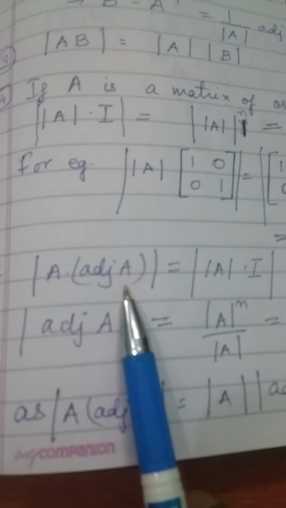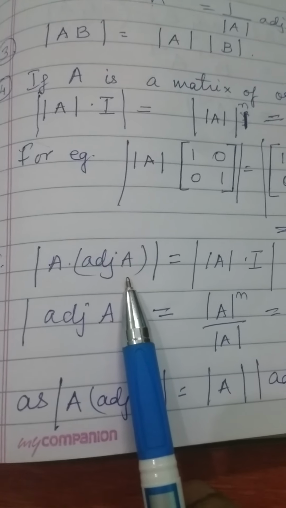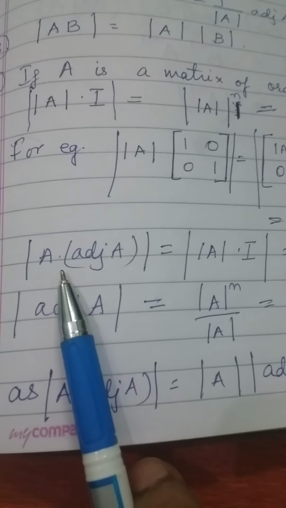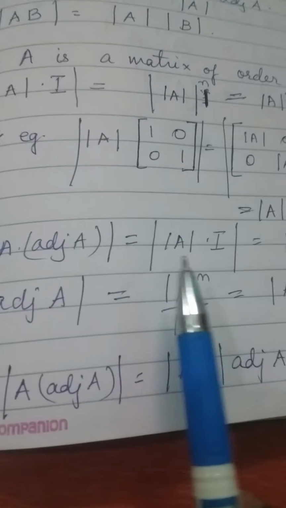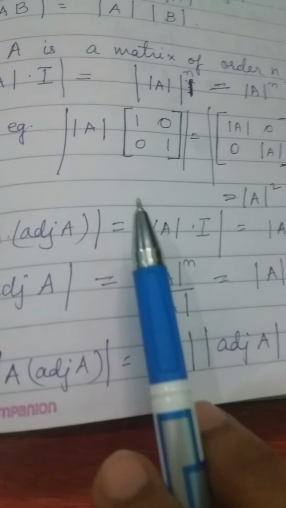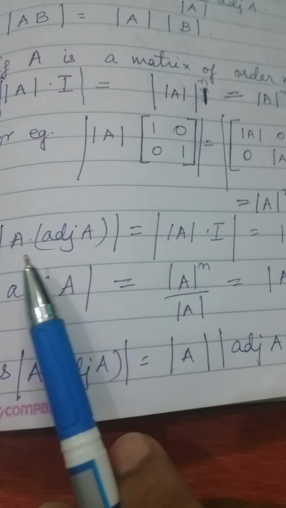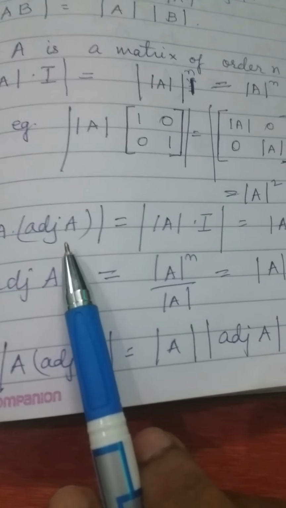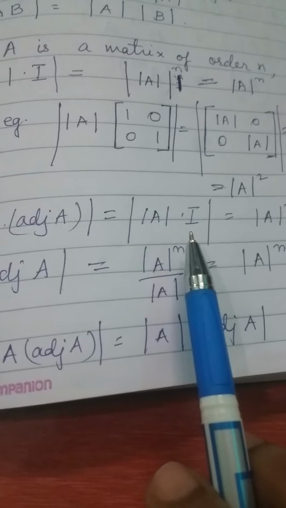Determinant of A into adjoint A, by the property, is determinant A into determinant of adjoint A. Now if A is a matrix of order n, this I is also of order n, so the value will be determinant A to power n.